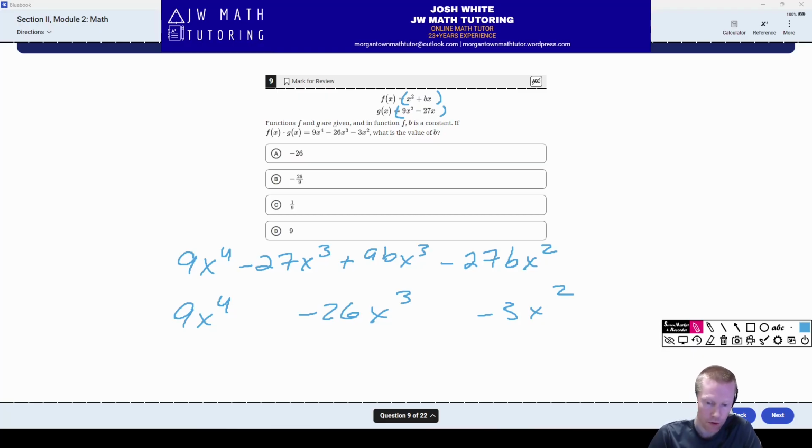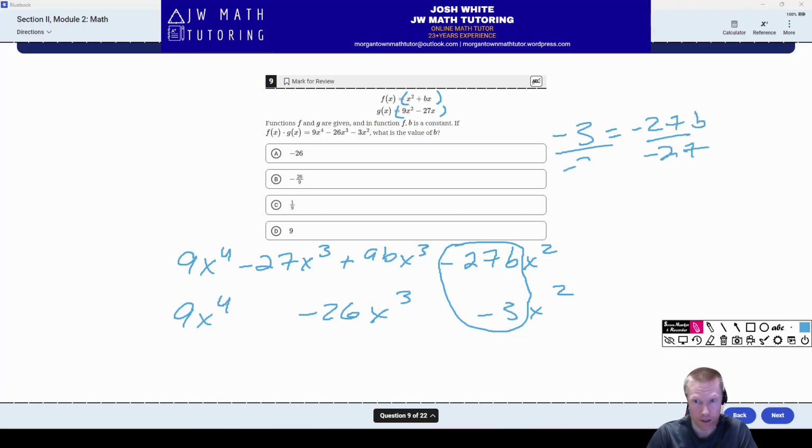There's multiple ways, like you could set these terms equivalent to find the b. I think the quickest, easiest way is to just set these coefficients equal, in that negative 3 has to equal negative 27b. So divide by negative 27. B is equal to 1/9. Correct answer for this problem is just going to be letter C.